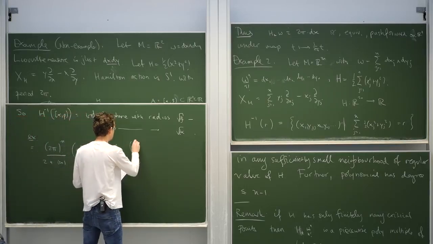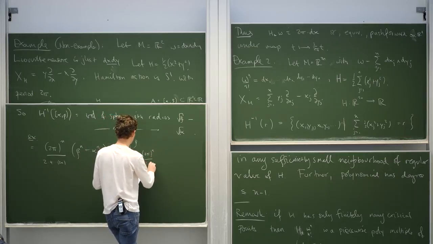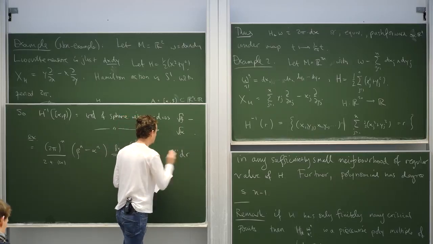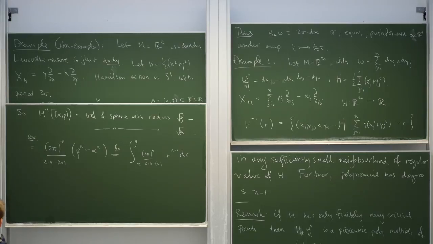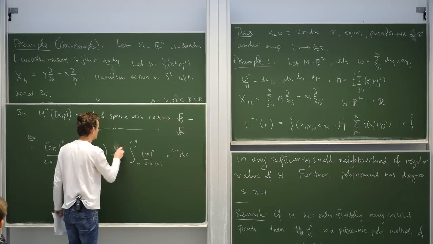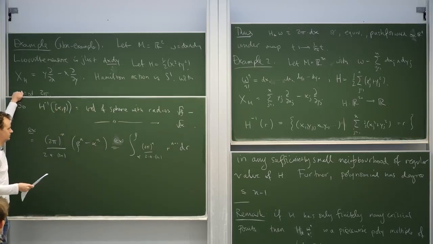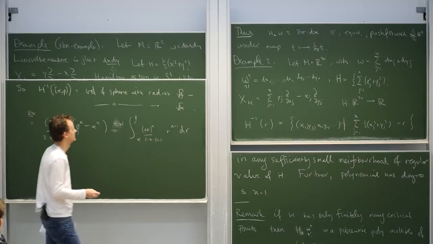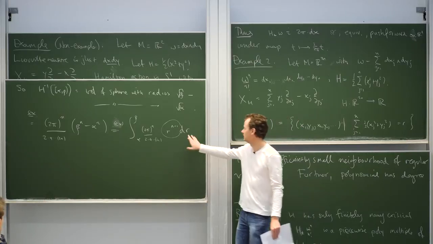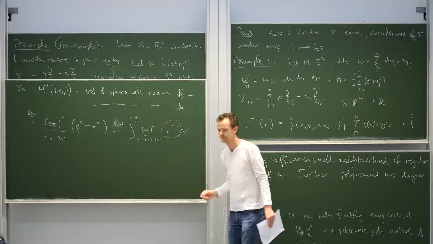And that is equivalent to this integral here. So look at that. That's a polynomial multiple of Lebesgue measure, and the degree is n minus 1. So it's like the extremal case.